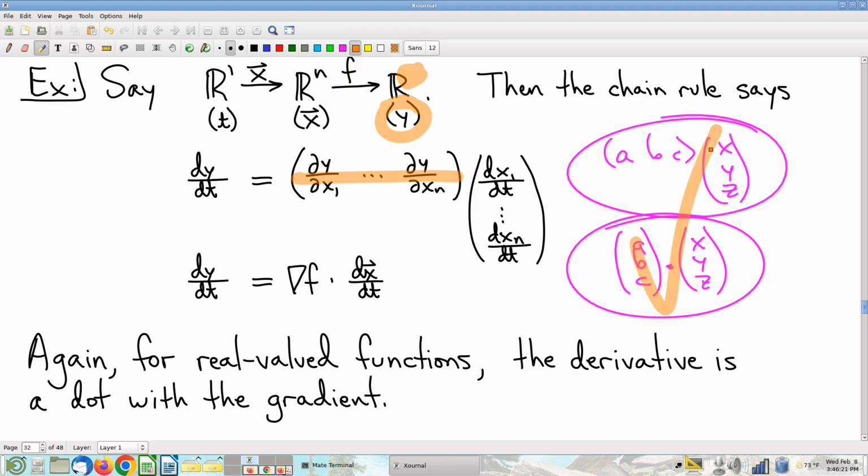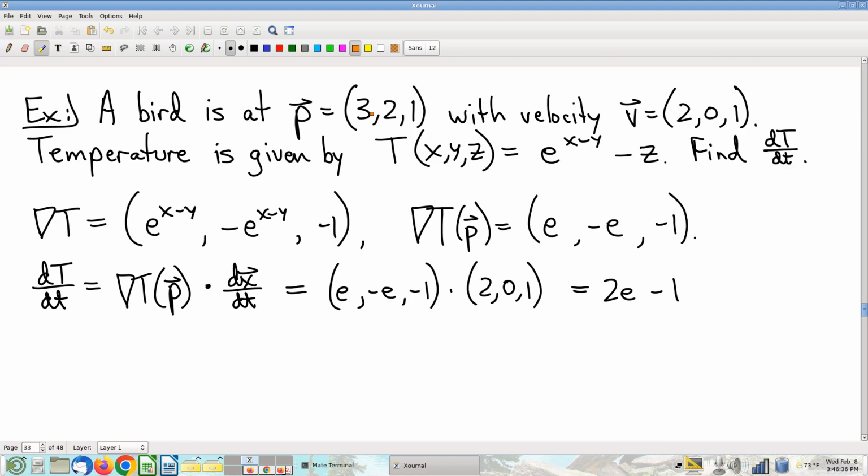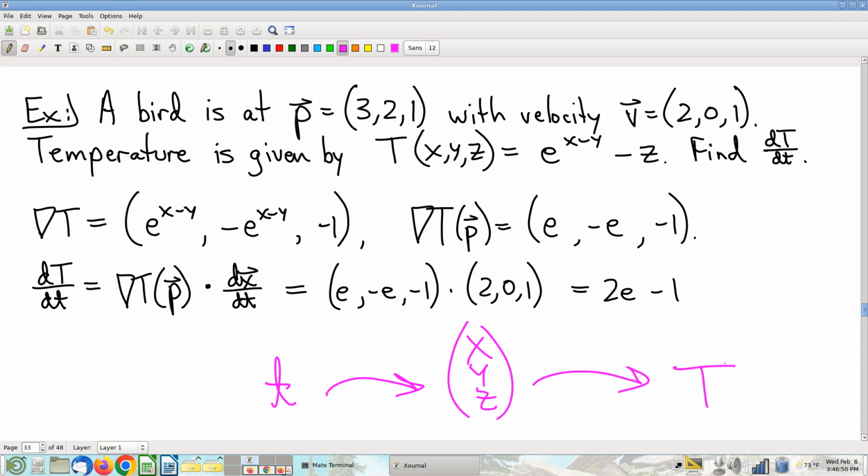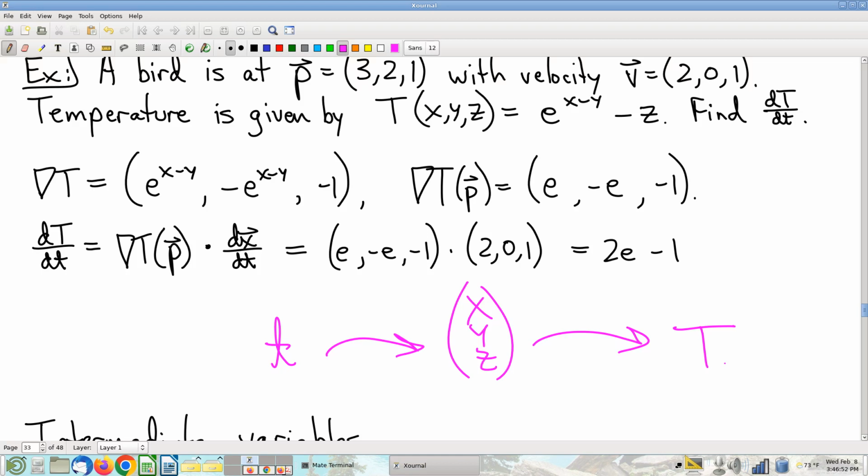So what we've got here is a situation where the premise is that we have just one output variable, Y. In the example down here, T is an input, bird position is then X, Y, Z, and then the eventual output variable is just the temperature, capital T. Right? So we have the one output variable, one input variable.